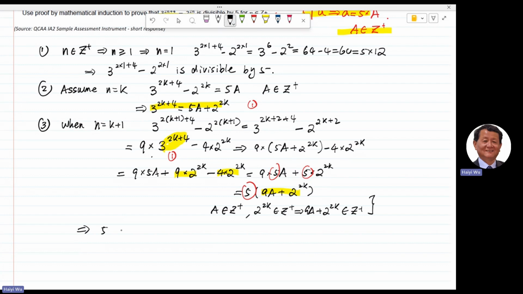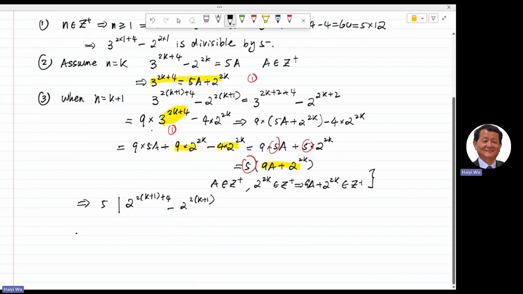Therefore 5 is also a divisor of 3 to the power of 2k plus 2 plus 4 minus 2 to the power of 2k plus 2, so when n equals k plus 1 it is also true. Therefore we can say the statement is true for n belonging to the positive integers.